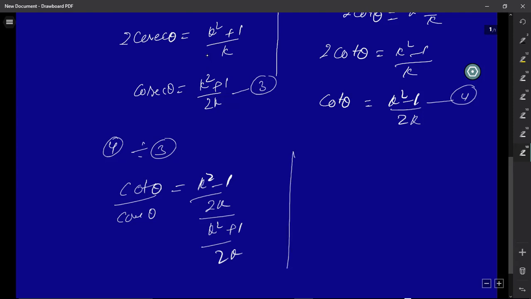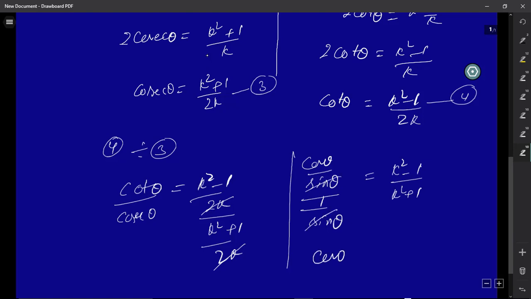We know that cot theta we can write as cos theta by sin theta, and cosecant we can write as 1 by sine. This 2k and this 2k get cancelled. Right hand side I'm getting k square minus 1 by k square plus 1. This sin theta and this sin theta get cancelled. I end up getting cos theta as k square minus 1 by k square plus 1.